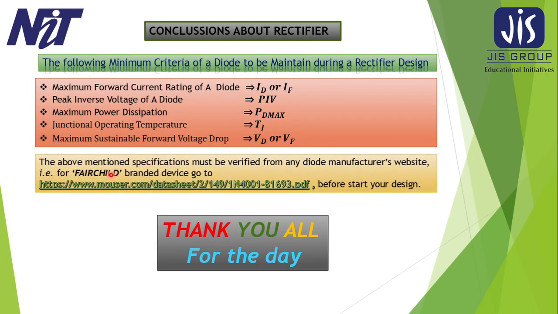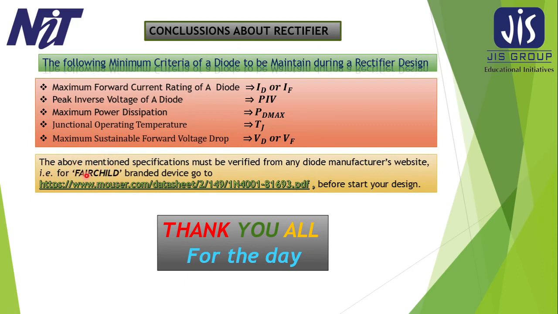So I suggest you, when you are going to design any rectifier on your own, your first step will be to go to the specific manufacturer website of the brand whose diode you should choose.